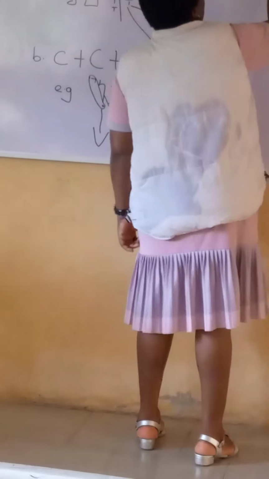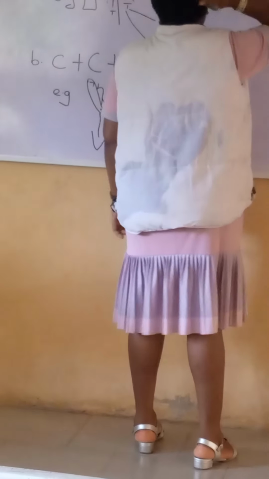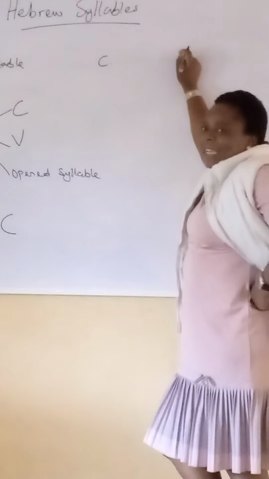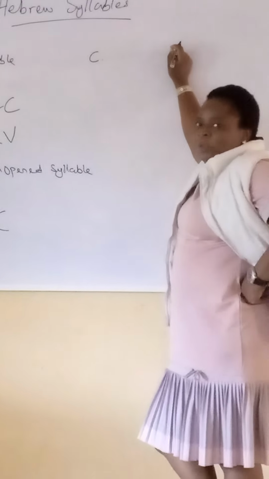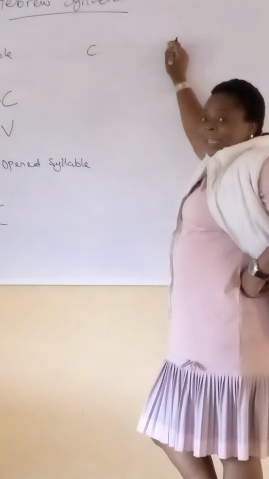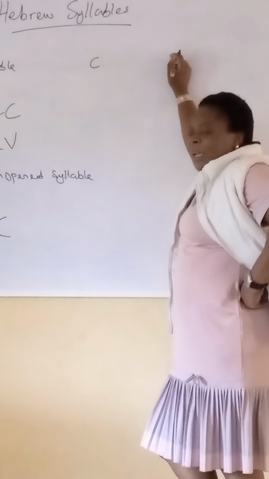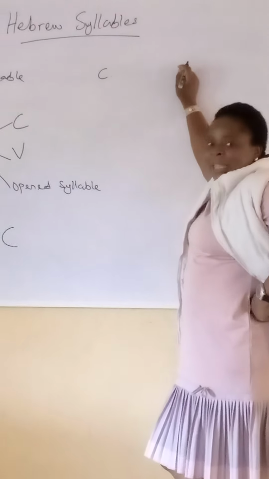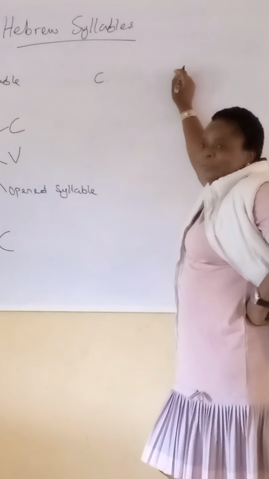Now, a syllable written with a metheg. You remember the accent, the metheg? A syllable written with a metheg is an open syllable.